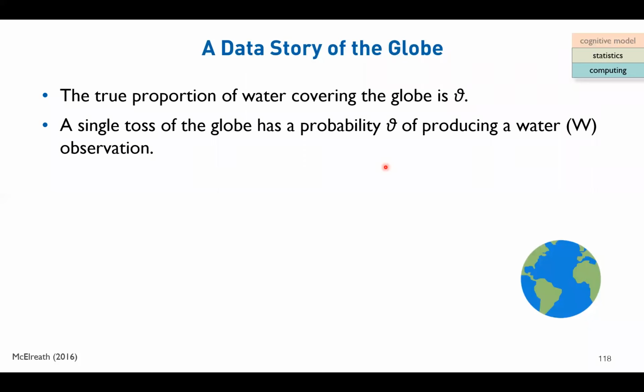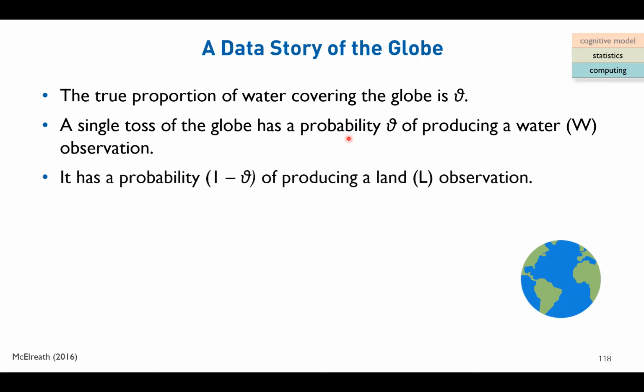So the true proportion of water covering the globe is theta, and each of the tosses follows this probability, theta, of producing a water observation. And obviously, it has a probability 1 minus theta to produce land. So that's the opposite: theta for water and 1 minus theta for land.